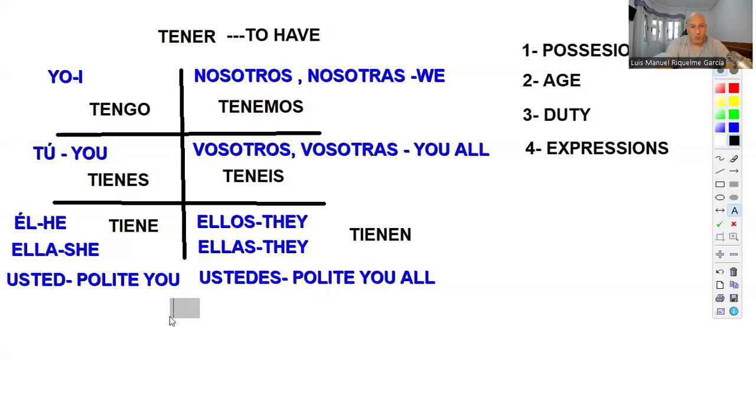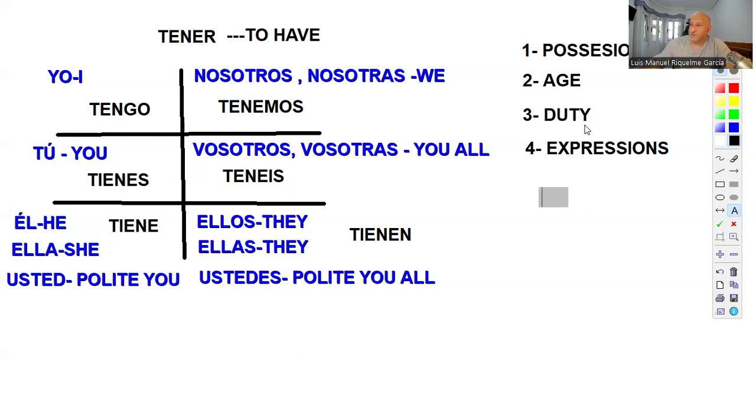And that's something that we will work with in one separate lesson. We will devote one lesson only for that. So I'll give you like a long list of expressions that work differently and we will practice with them. But I only wanted you to know that there are some expressions that are different, that are said with tener rather than with other verbs that you use in English.